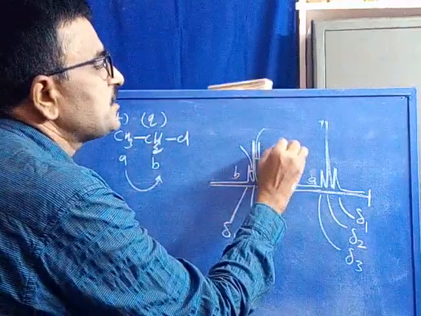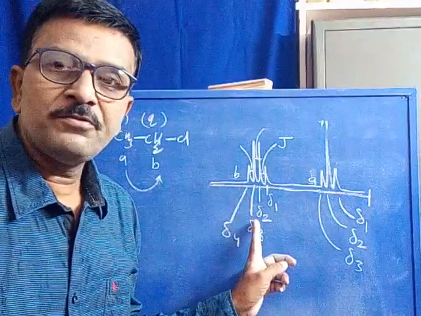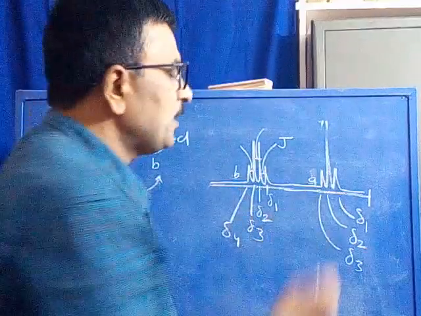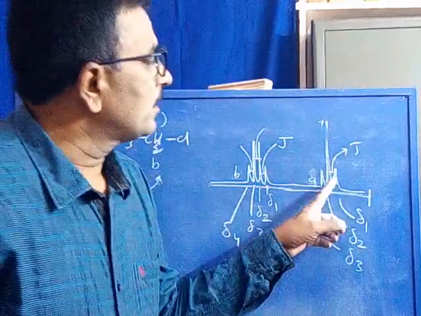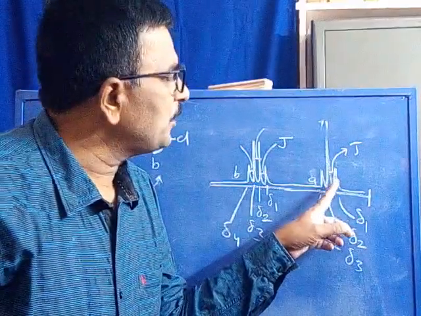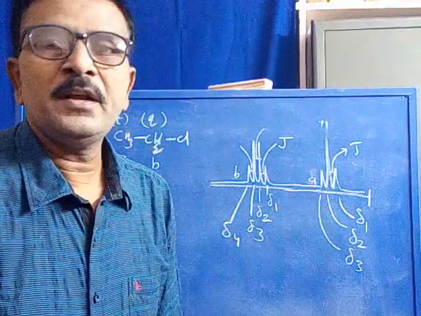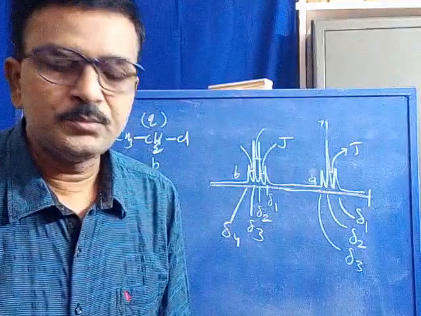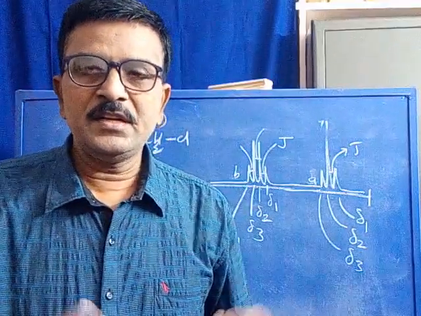This constant distance is called the coupling constant. Coupling constant of the second signal: you may take it between the first line and second line, or from the second line and third line. You will always get a constant value. That constant distance is called the coupling constant. Is it clear?